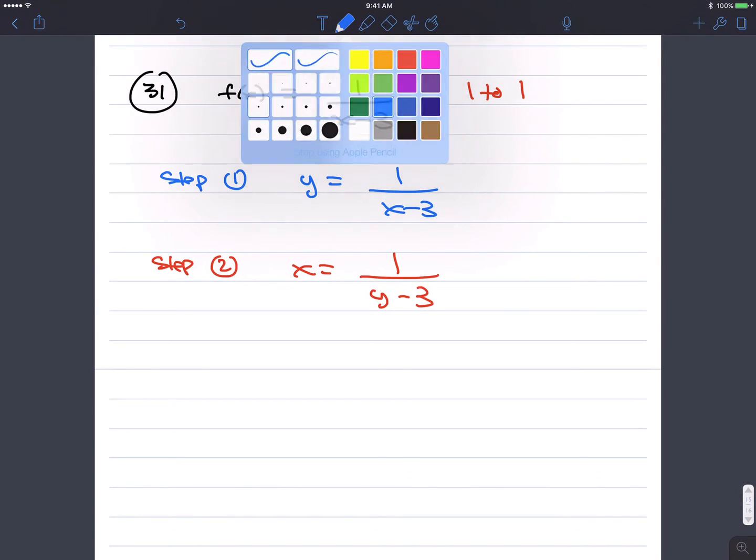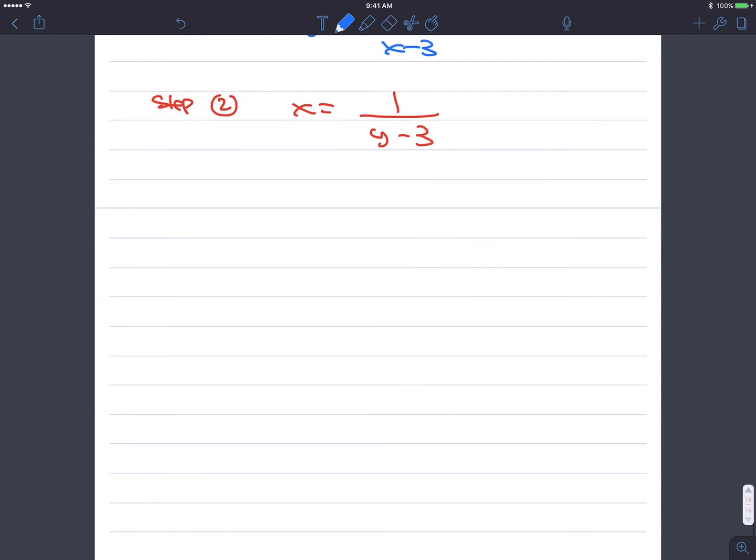Whew. Step 3. Solve for y. Okay. Create again. What do you guys want to create? Create your proportion. So why do you think you want to create this particular proportion? Do you guys know why? So you can what?